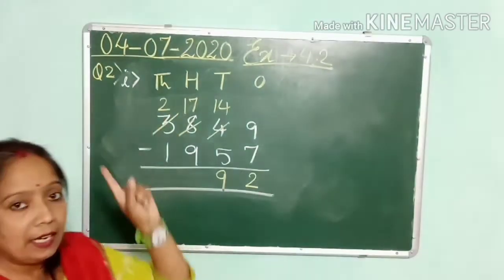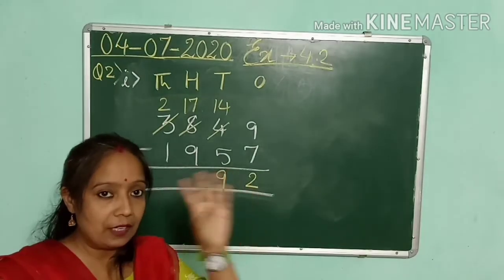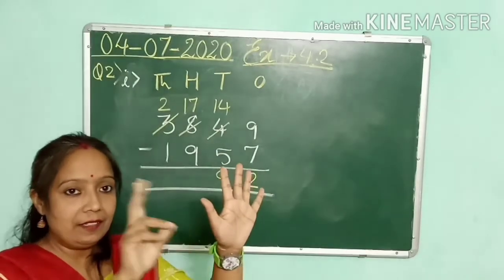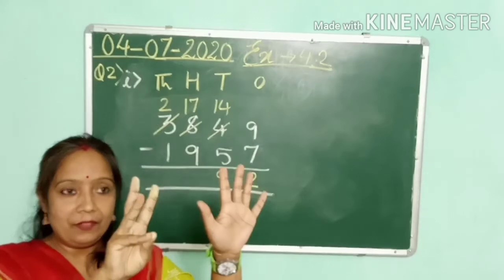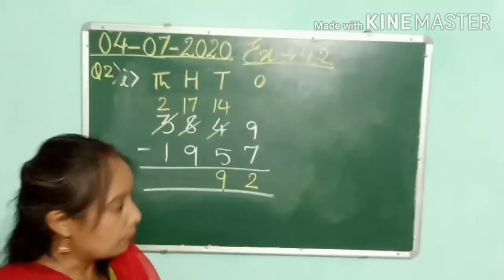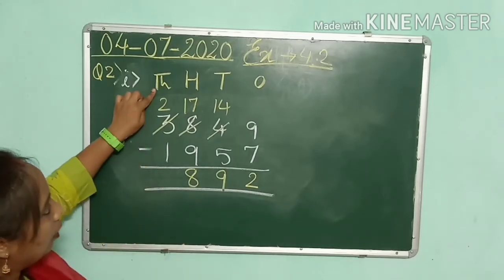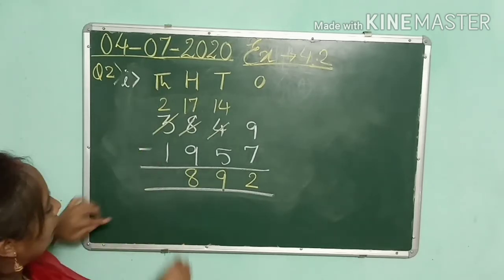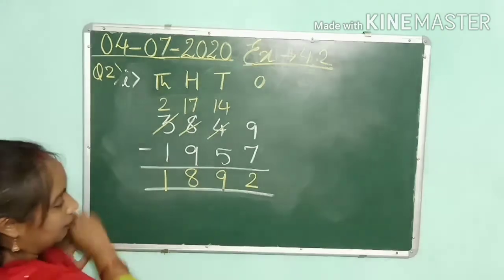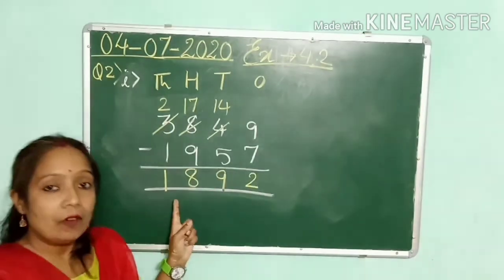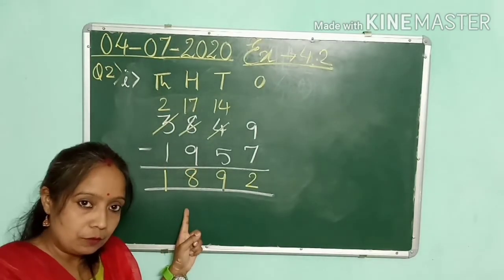After 9, 10, 11, 12, 13, 14, 15, 16, 17. How many fingers? 8. So right here, 8. Under the thousands column you have to subtract 2 and 1. So 2 minus 1 is 1. Our difference is 1892. Clear?